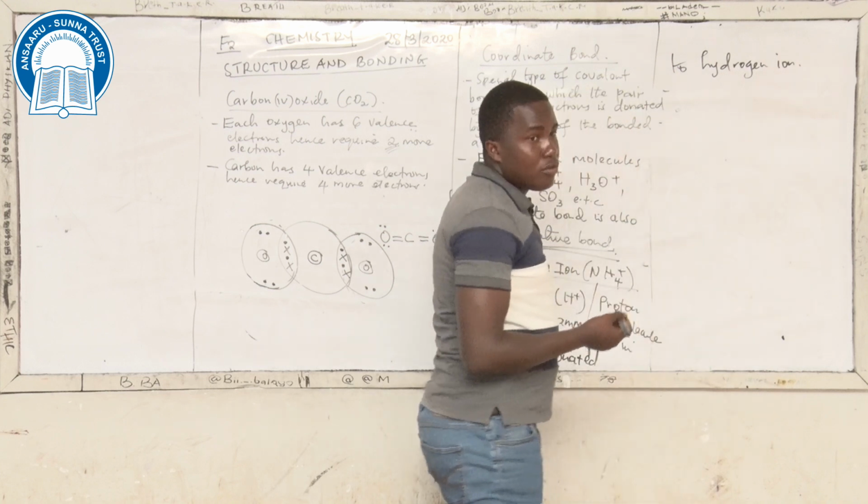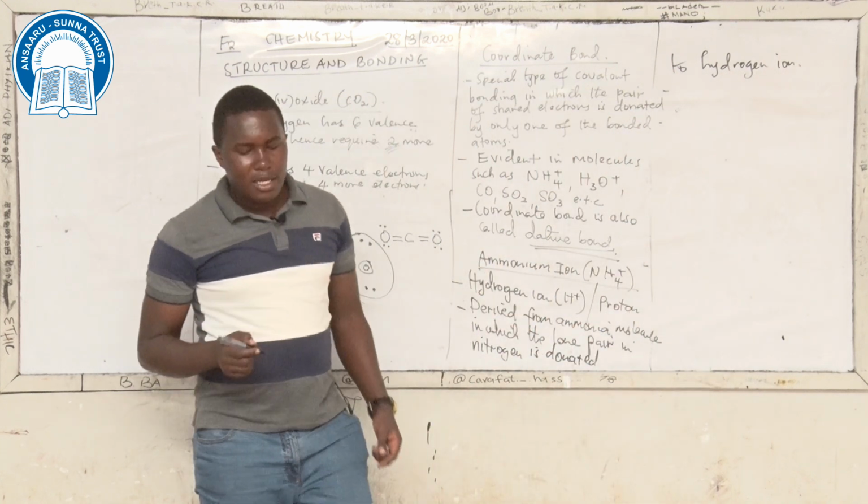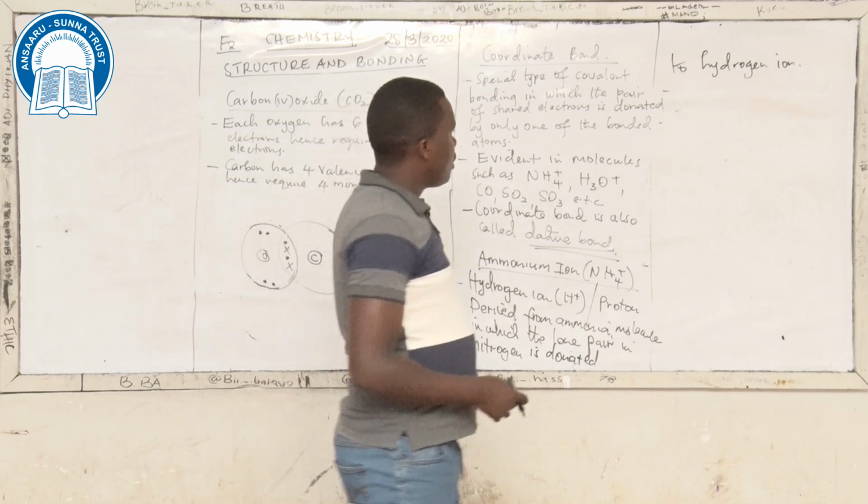So the nitrogen atom will now decide to donate its lone pair to the hydrogen ion, forming a coordinate bond.